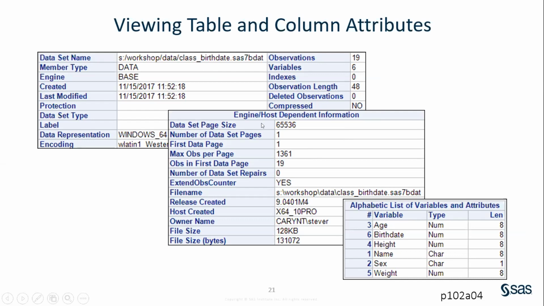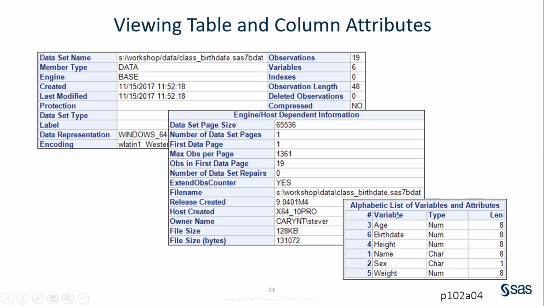It tells you general information: the data set page size, the number of data pages, which is one. It depends on the number of observations how many pages it takes. The first page starts with one, and how many observations per page can be saved, and this data has 19 observations on the page, and all this information, right?